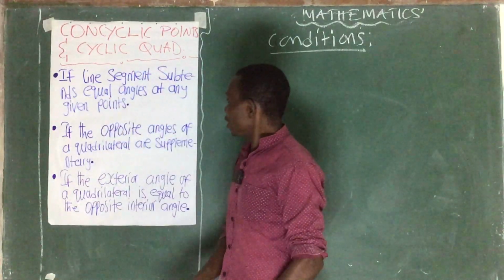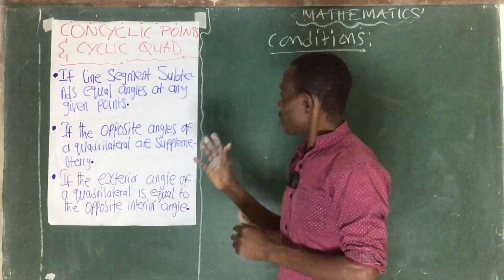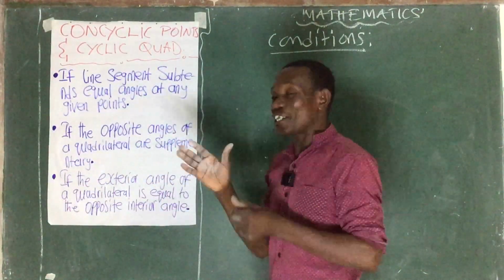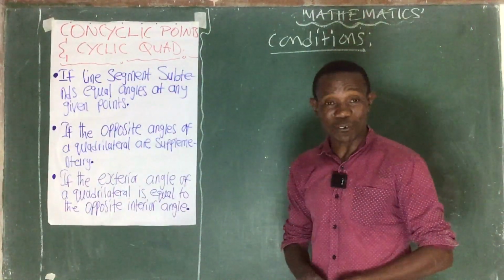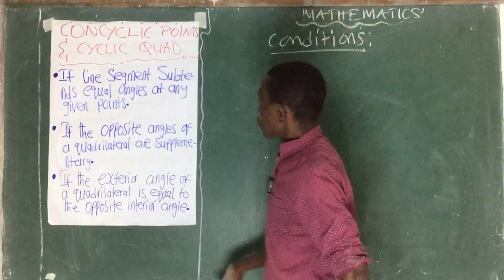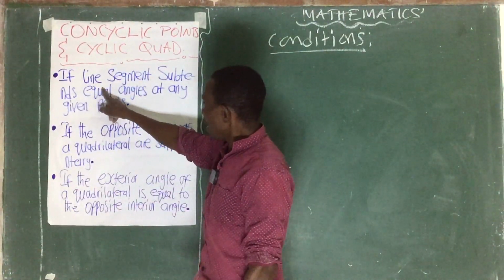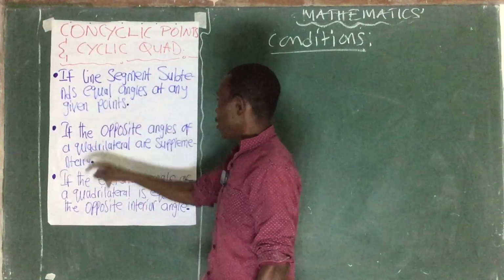They're not much different from the properties that we have just discussed. They're almost just like them. So it's just like showing that if those properties really exist in that particular quadrilateral, then that quadrilateral is supposed to be cyclic. Like the first one here, we are talking of if a line segment subtends equal angles at any given points.